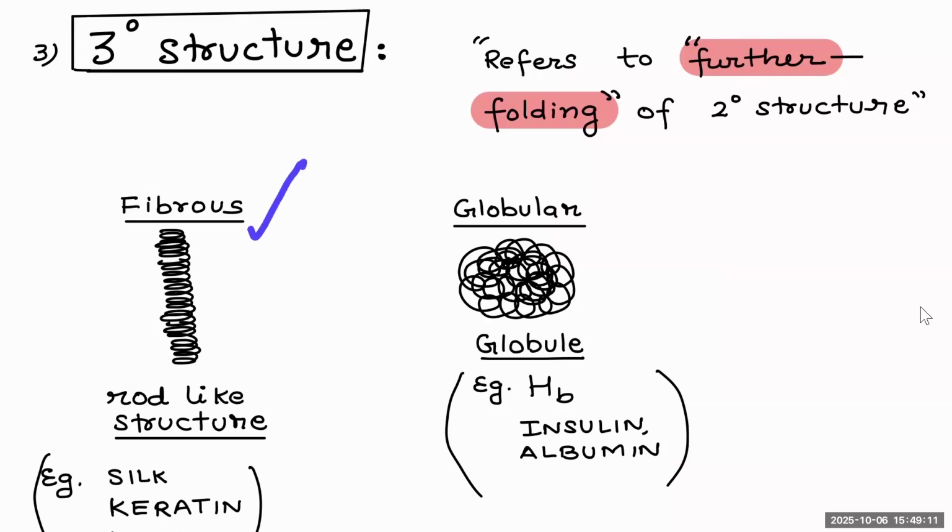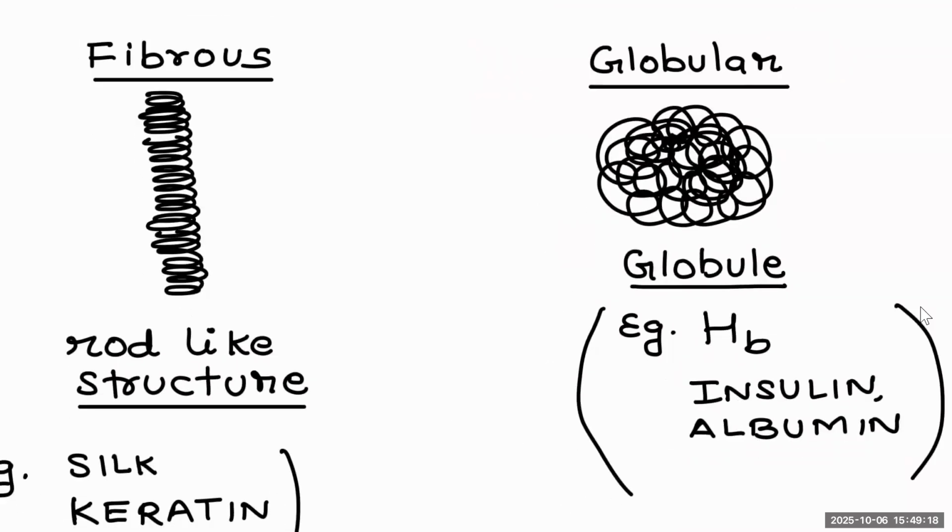One is called fibrous, the other one is called globular. So if I take a small part of this, that itself is a helical part. Understood now? This much is one helical part, and the next one is another helical part. Between those helices, again, a strong bonding is established. Clear?